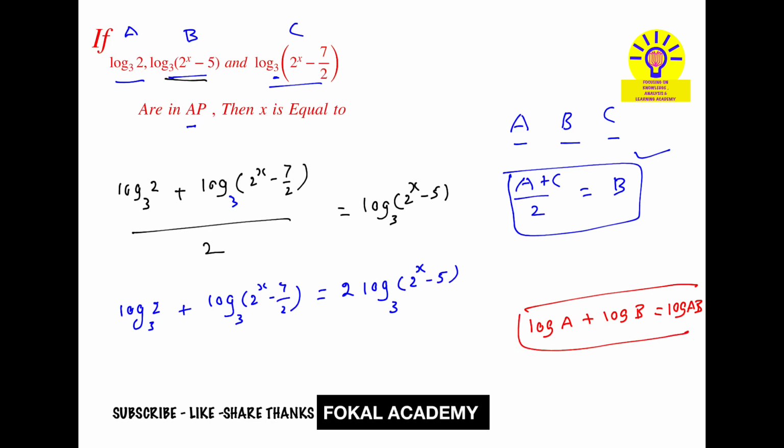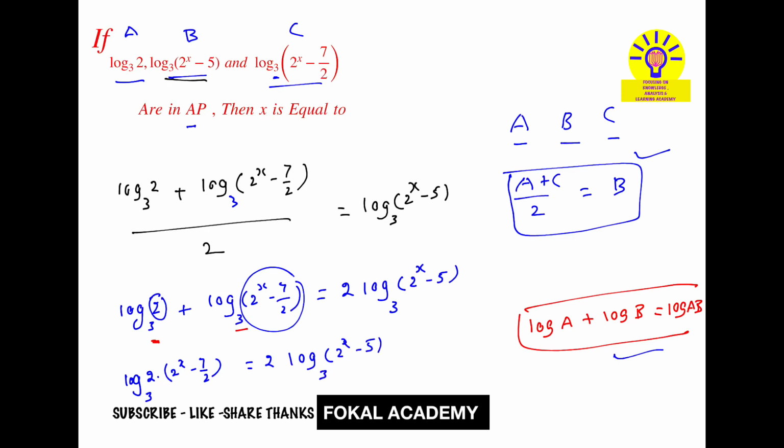Here the bases are 3. Now according to this, it becomes log of the product of these two terms, that is 2 into (2^x − 7/2) base 3, that is equal to 2 into log of (2^x − 5) base 3.